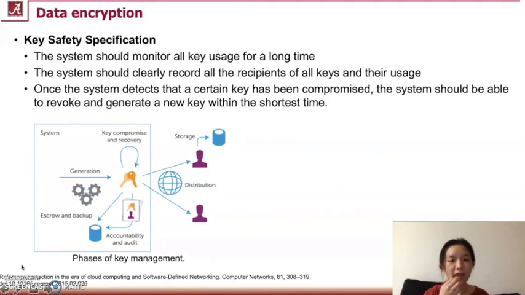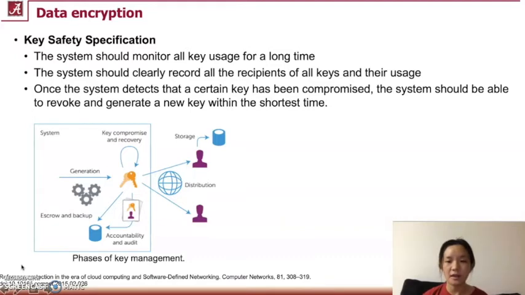And if a key has not been used for a long time, the system should monitor all key uses status. The holder of the key needed to be asked if the key has been lost or it is no longer needed.